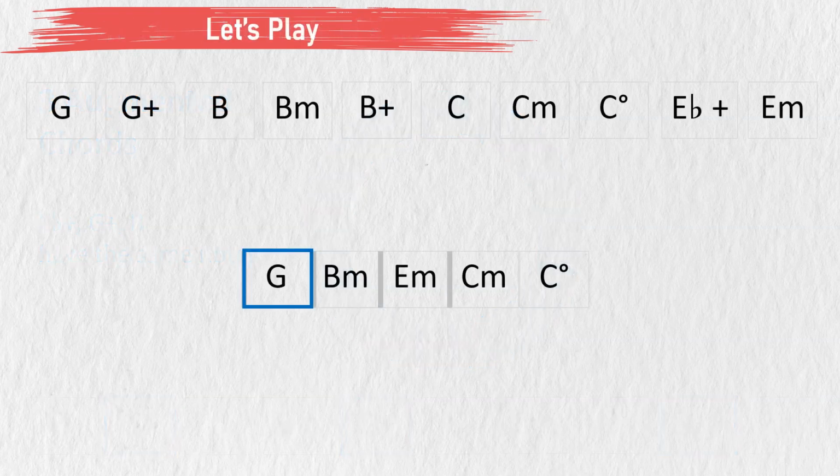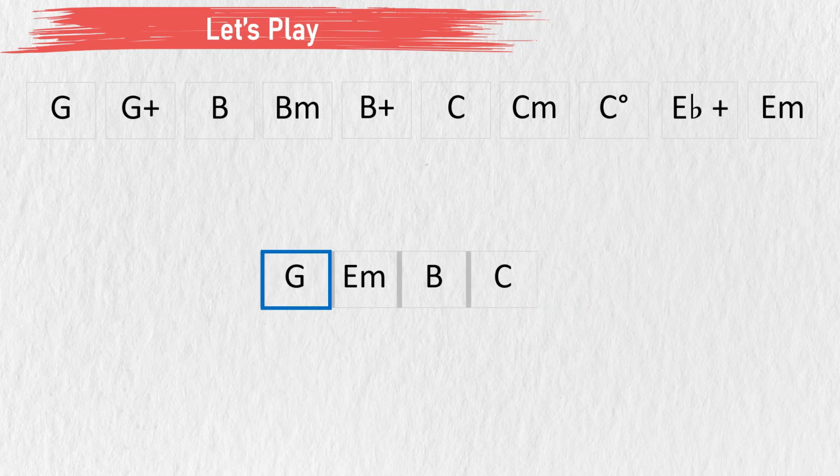How do the new chords sound together? This is a basic progression. C minor and C diminished create a good level of tension for a new loop. Okay, this is a well-known song.